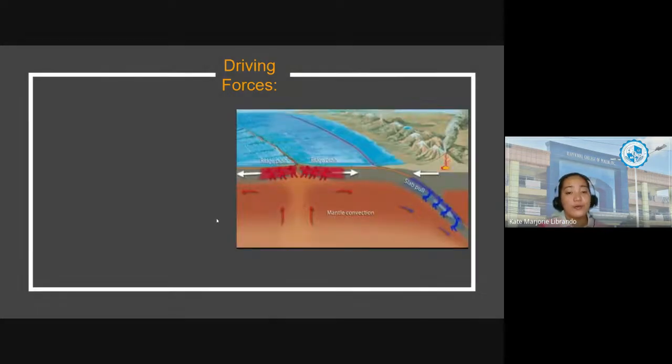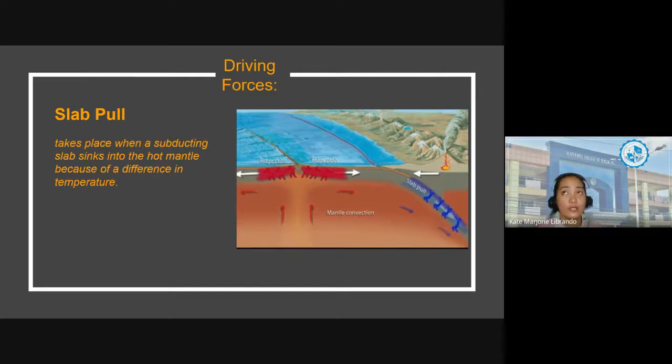So let's move on. As you can see here, we have the slab pull, the blue one. If you recall, in the video presented, there is a slab pull there. When we say slab pull, it takes place when a subducting slab sinks into the hot mantle because of the difference in temperature. Because in the mantle convection, the hot particles tend to go up because of buoyancy, and the cold particles tend to go down.